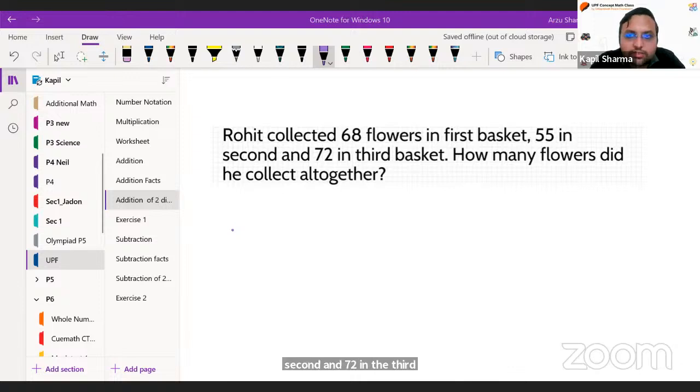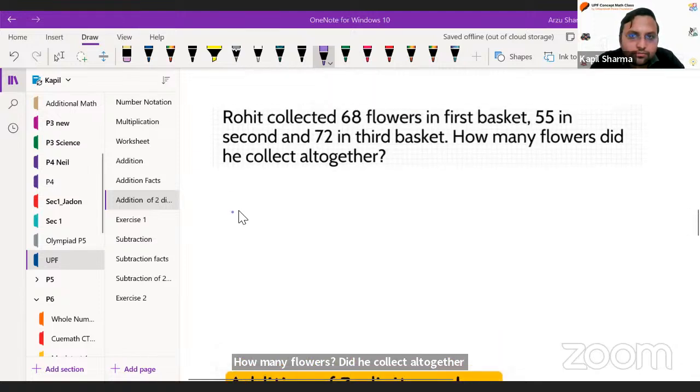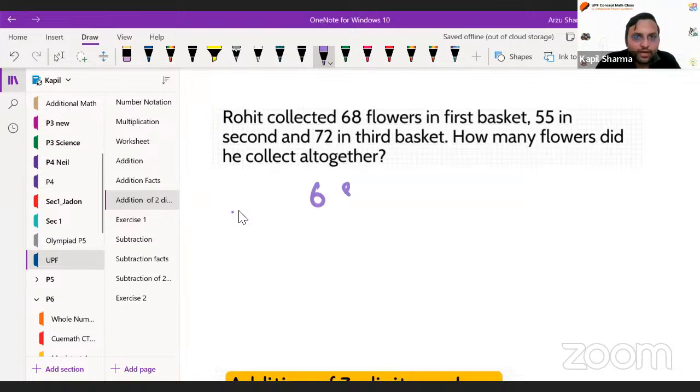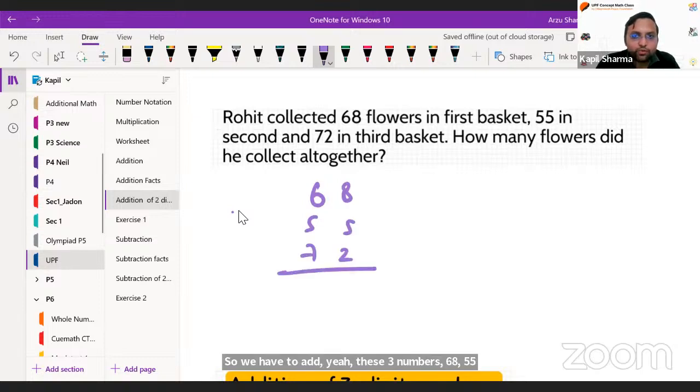How many flowers did he collect altogether? So we have to add these three numbers, 68, 55, and 72.